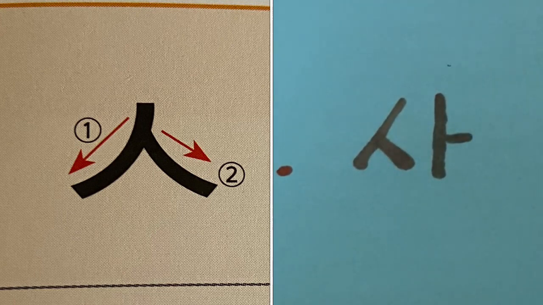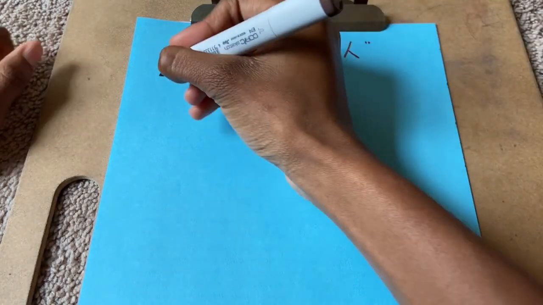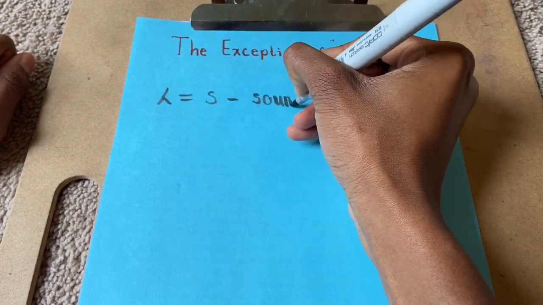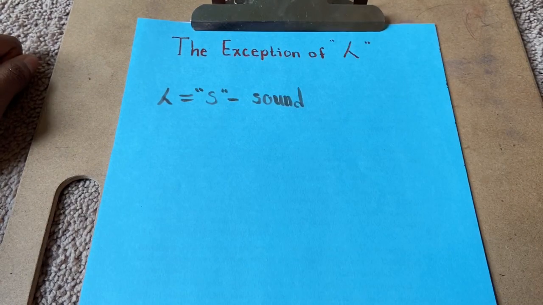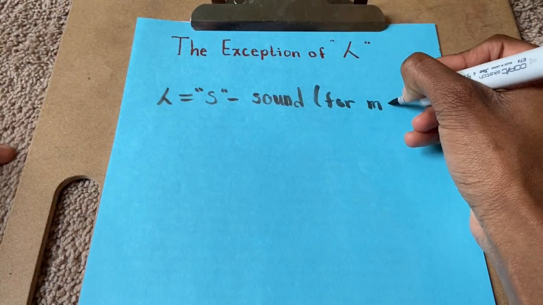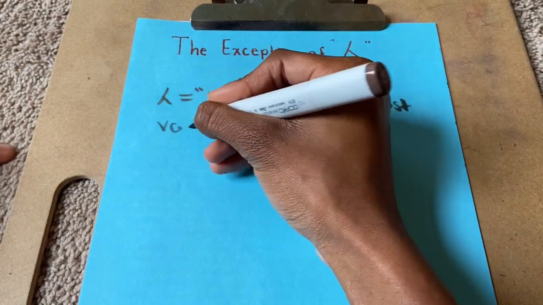Now, 시옷 makes the S sound for the most part. That means 시옷 has some exceptions. What are those exceptions? The first exception of 시옷 is what I just mentioned. 시옷 makes the S sound for the most part. So, what does that mean for the most part? Well, that means for most vowels.